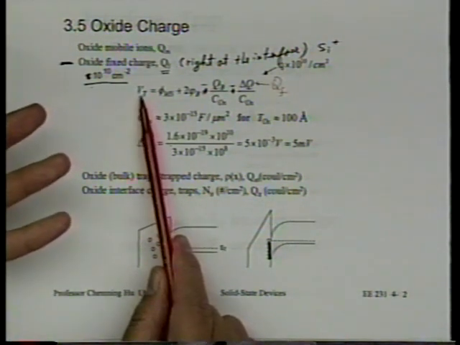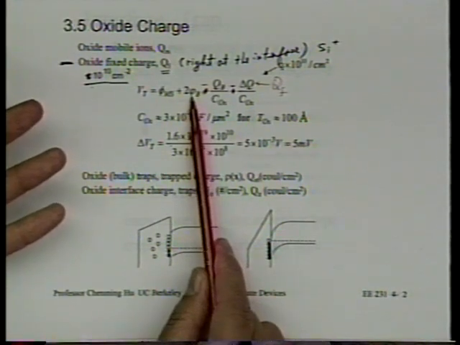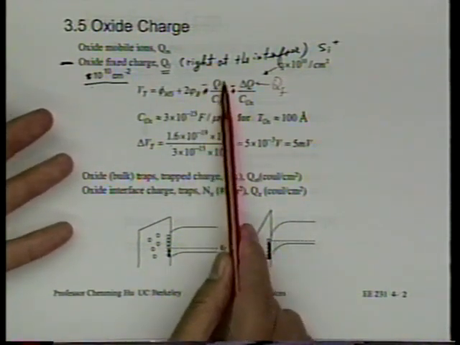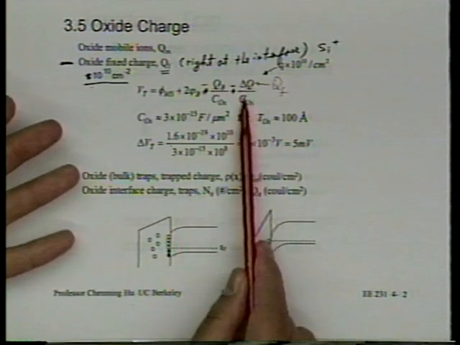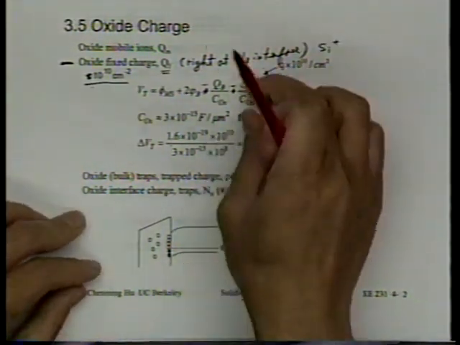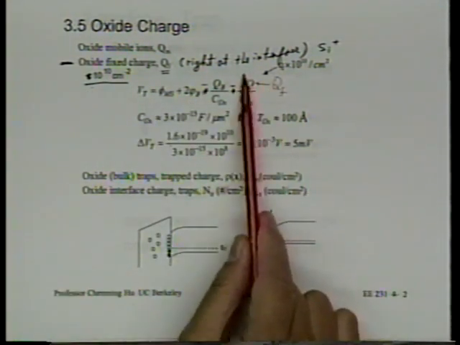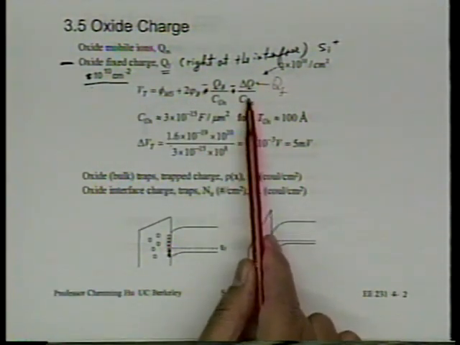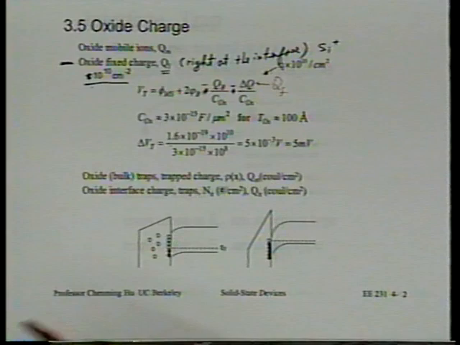VG in general is equal to phi_ms plus 2 phi_B minus any charge in the substrate divided by Cox. If you consider part of it as charge in the substrate, that's fine. If you want to add this to VFB, then this term no longer is considered part of the substrate charge; it becomes part of VFB, right? So either way, the result is the same.